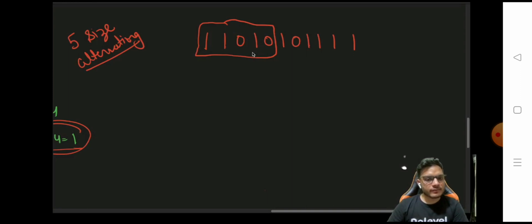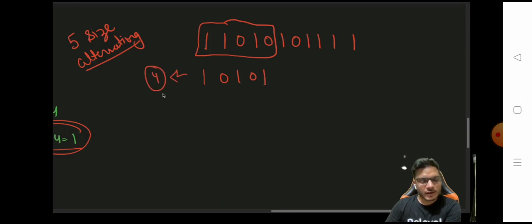Now in this window, I will check how many things are different. For example, let's start with making all of them 1 0 1 0 1. This is one choice of alternating. If I want to make this string into this, how many flips will be required? This is different, this is different, this is different, this is different. So four are required. If I want to make it the other one, then one will be required.